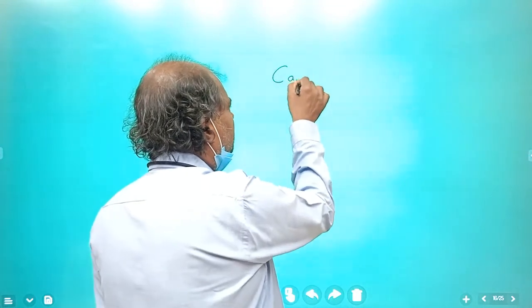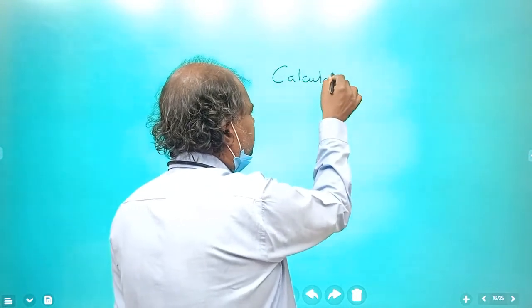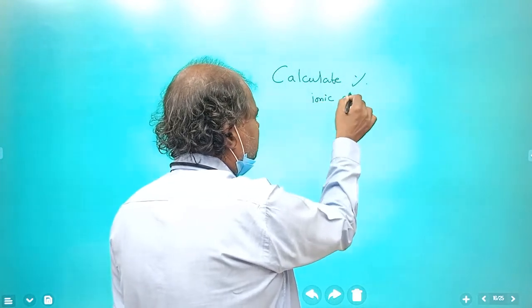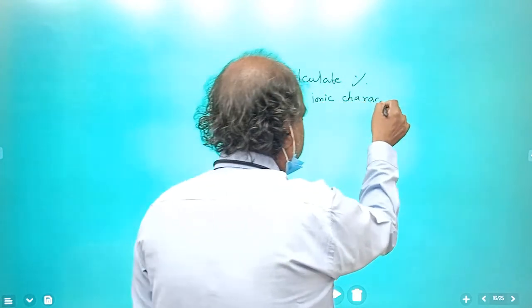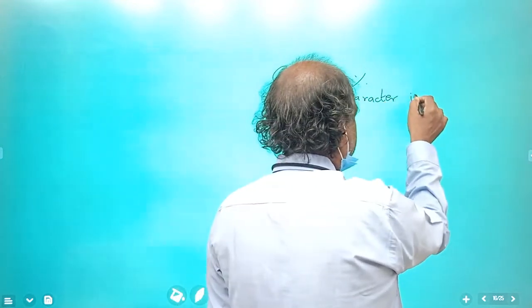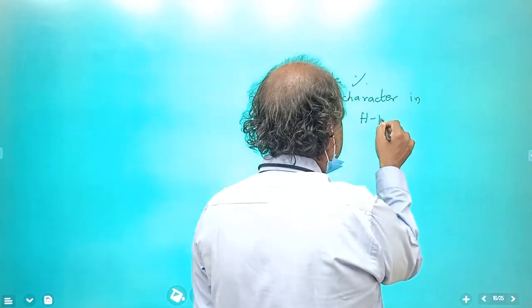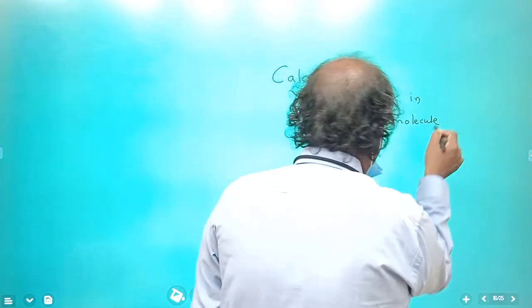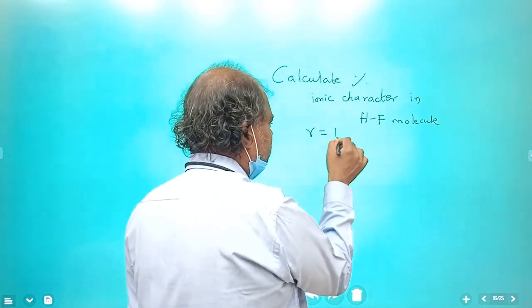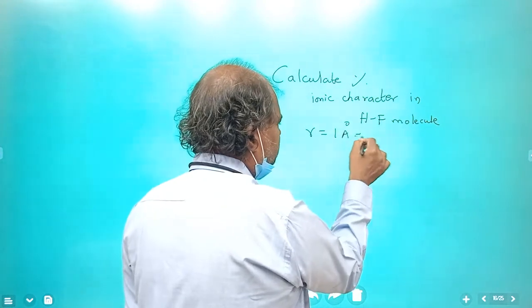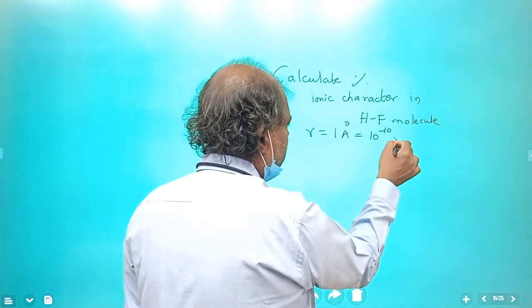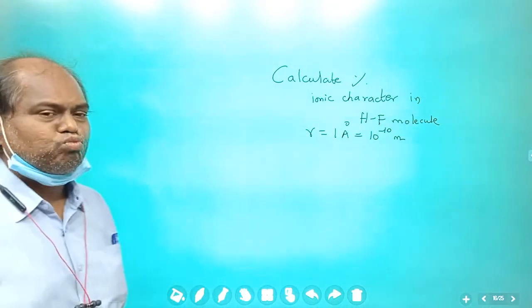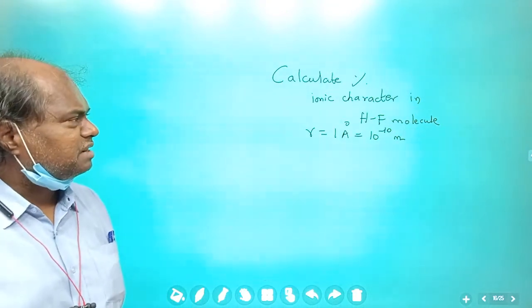We'll say, calculate the percentage ionic character in HF molecule. I will give the distance. Distance is 1 angstrom. 1 angstrom is how much? 10 to the power minus 10 meters.